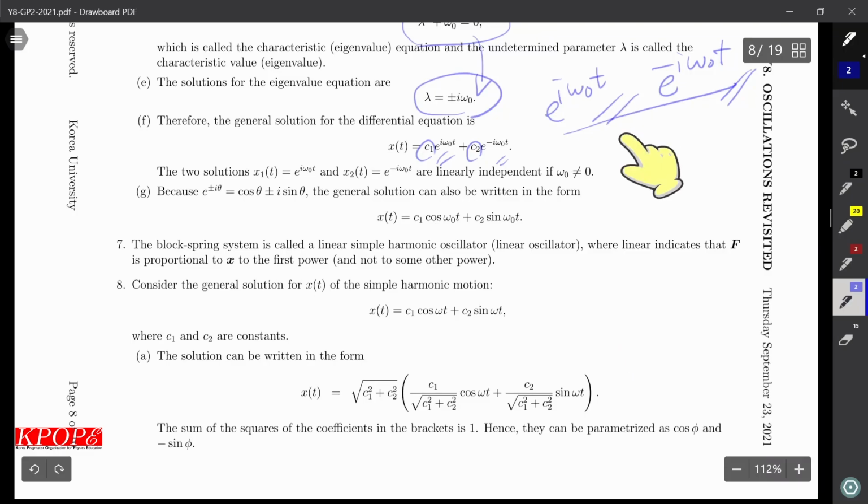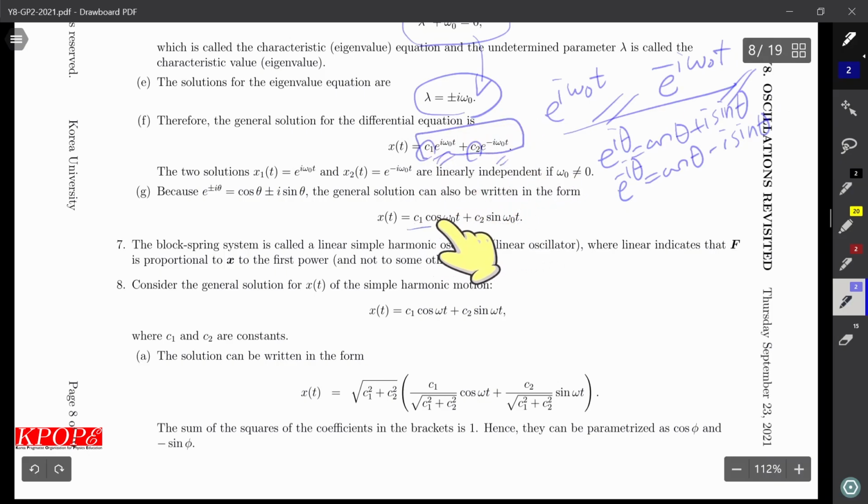We know e to the i theta is cosine theta plus i sine theta, and e to the minus i theta equals cosine theta minus i sine theta. Hence, this expansion can be replaced with cosine and sine.